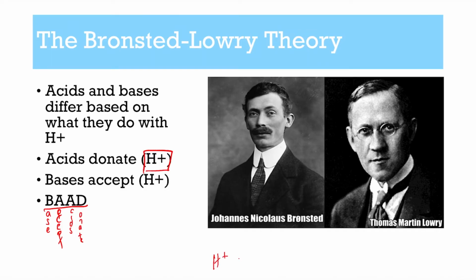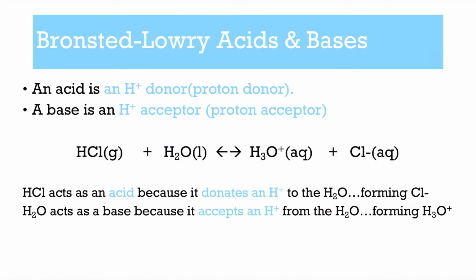Now, H+ is a proton. And so when we go into this in more detail, H+ and proton are the same thing. Now, in a hydrogen atom, you have one proton and you have one electron. That's what makes hydrogen hydrogen. Now, if that electron is gone, remember if you lose electrons, you become positive and you're a cation.